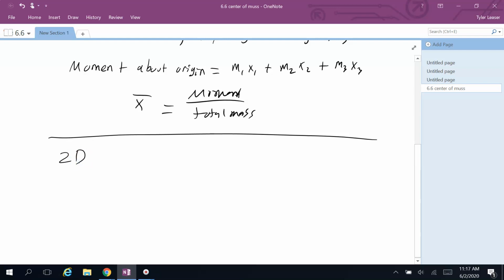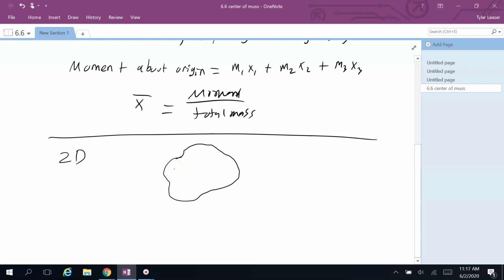So the book does a little bit more transition from 1D to 2D, but I'm just going to jump right into it. So if we had some kind of area, let's say this is a flat area of glass or stone or whatever the material is, it does not have to be a constant density. What I mean by that is maybe here on the right-hand side, it's a little bit denser and heavier than here on the left-hand side.